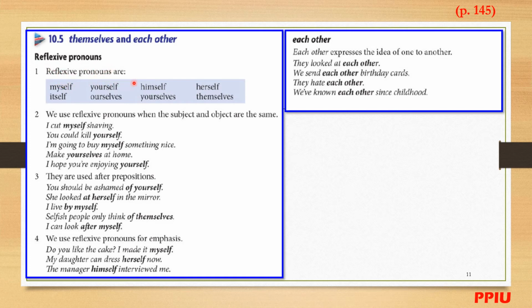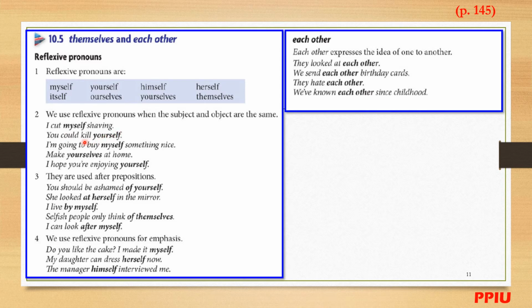Reflexive pronouns are myself, yourself, himself, herself, itself, ourselves, yourselves, and themselves. It just reflects all these things. We use reflexive pronouns when the subject and object are the same. I cut myself.